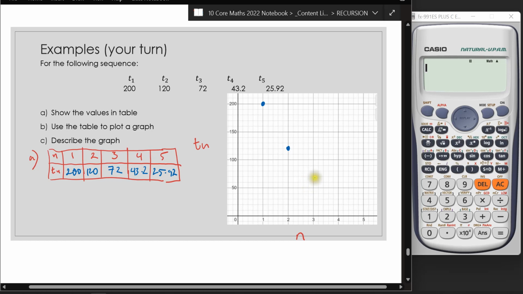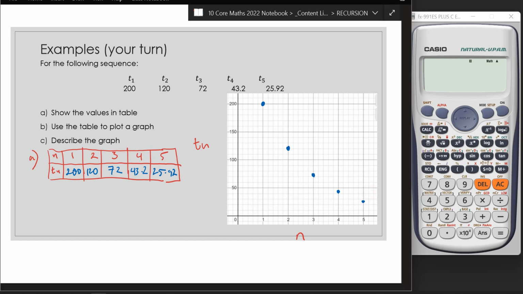So that would be about here. Number 4, 43.2, so that's 50, that's 40, so it should be about here. And then number 5 is 25.92, so if 25 is about there, it should be about here.